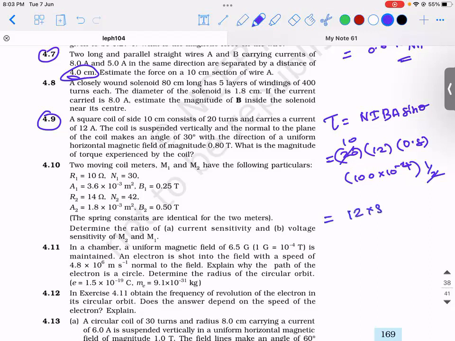So 12 into 8 into 10 power minus 2. So 96 into 10 power minus 2, that is 0.96 Newton meter. Correct. So the answer in this case is 0.96 Newton meter.